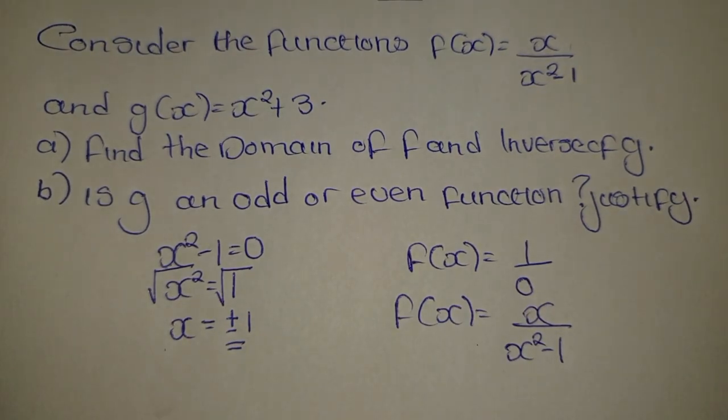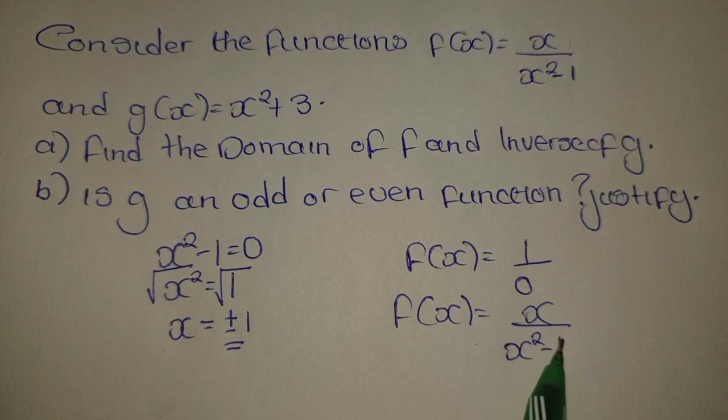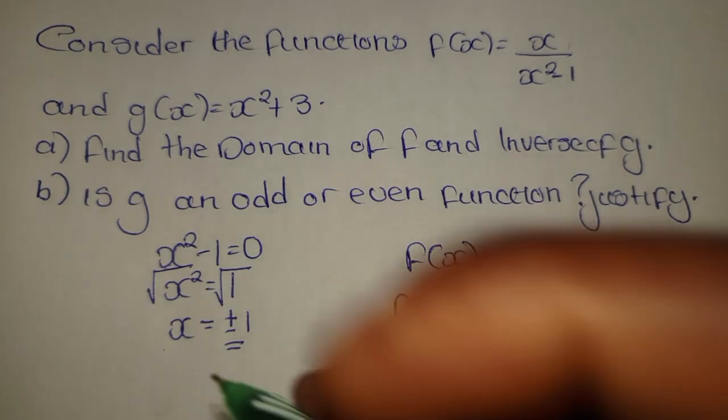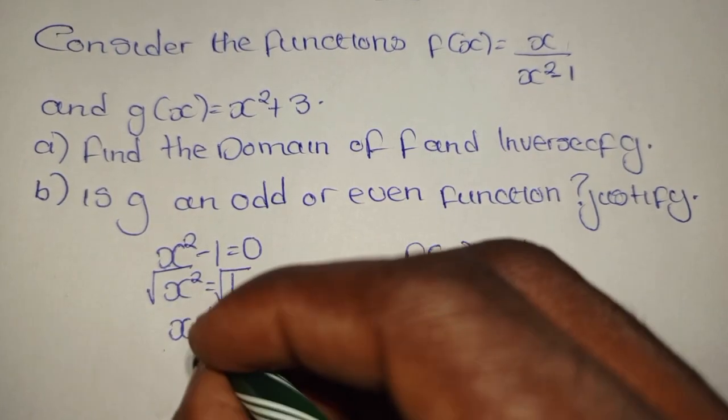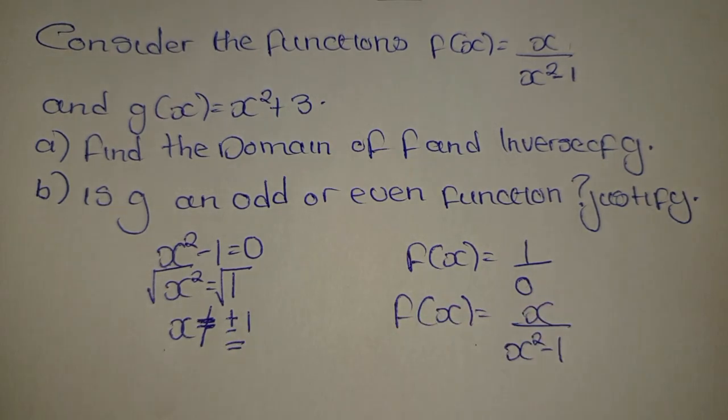Now, we need to understand one general characteristic here. If I put positive 1 and if I put negative 1, the answer I get down here is 0. So the value of x should not be equal to negative 1 and 1.